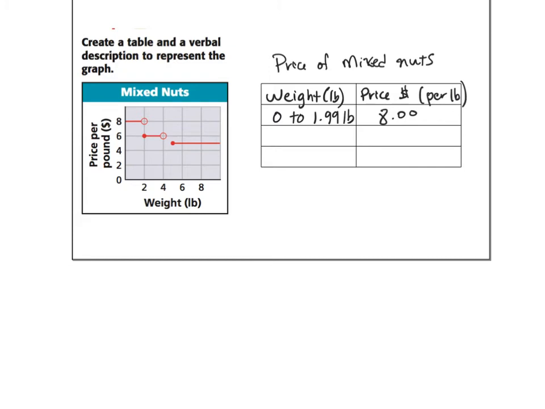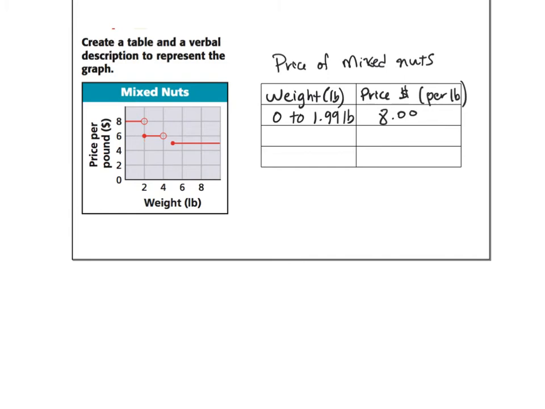Now I'm looking at the next part of the piecewise function. That lies between 2 and 4 domain, or x values or input values. Remember, we've called them all these things in class. So anyway, for the input value or independent variable from 2 to 4, the price you see is $6 per pound. I notice on one side of the piecewise function I have a circled in dot. On the other side I have a dot that's not circled in. Well, what does that mean? Well, that means it includes the 2 pounds.